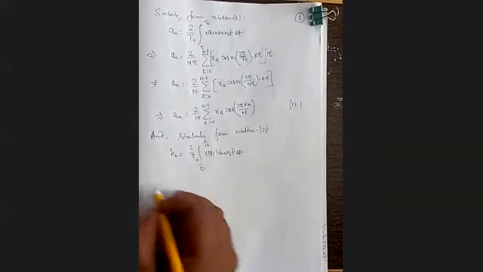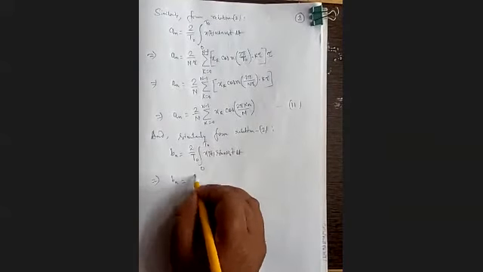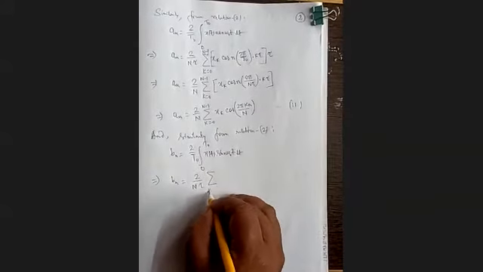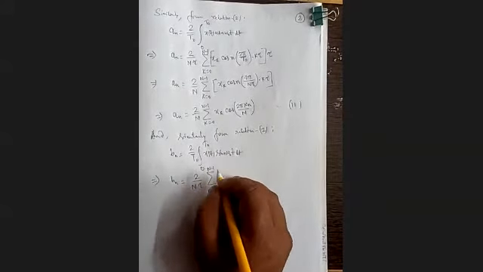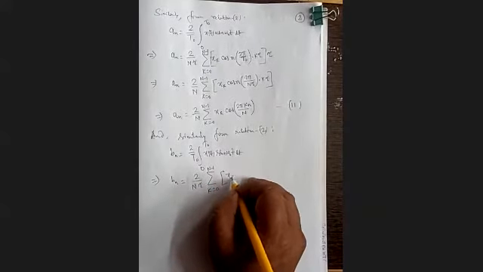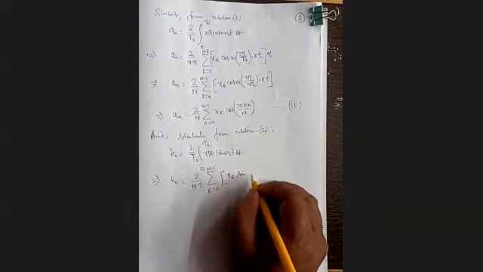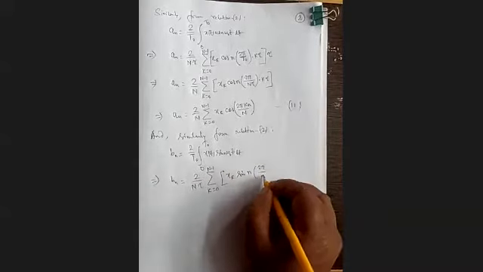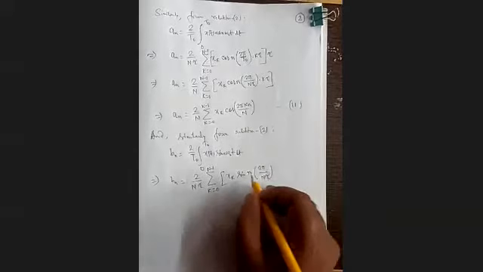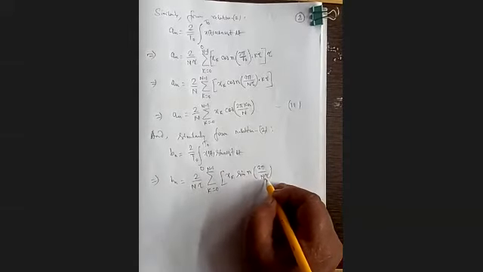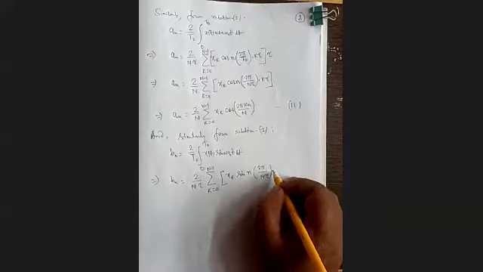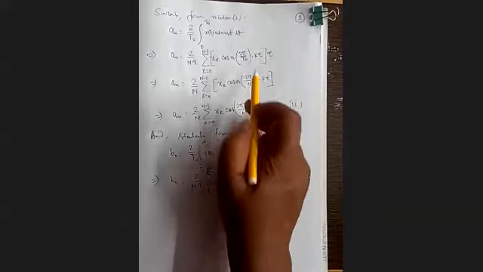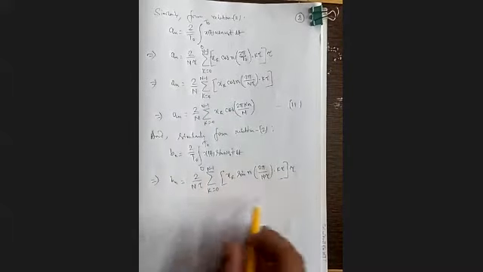So here also, for bn, I directly substitute 2 by N tau, summation k varying from 0 to N minus 1, xk sine n 2 pi by T0, where n omega 0 is 2 pi by T0 times n, t means k tau, and dt means tau. So I am following the same procedure, and I have done it in one step.